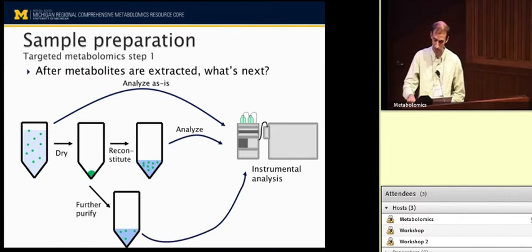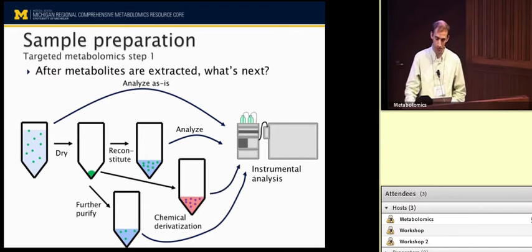set up that appropriately. Another option is that you might need to further purify your sample. If you're looking at a very low level of metabolite and it's of particular importance, what we may want to do is selectively enrich a particular class of metabolites, and we can do that by something like solid phase extraction or another method. Yet another approach is chemical derivatization.